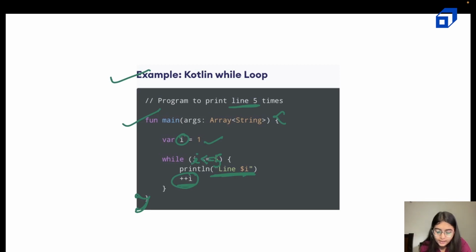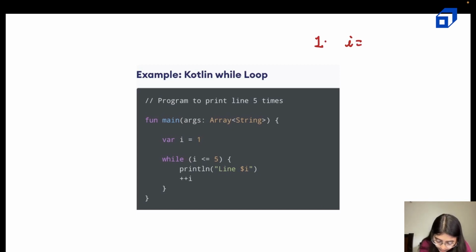So let's quickly do a dry run of this, and that will make the concept very easy for you to understand. Okay, so in the first iteration, what will happen? i is equal to 1, right? Here it will check while i is less than or equal to 5. Is 1 less than 5? Obviously.